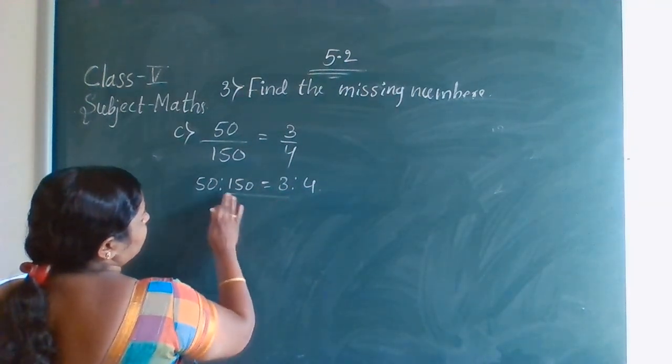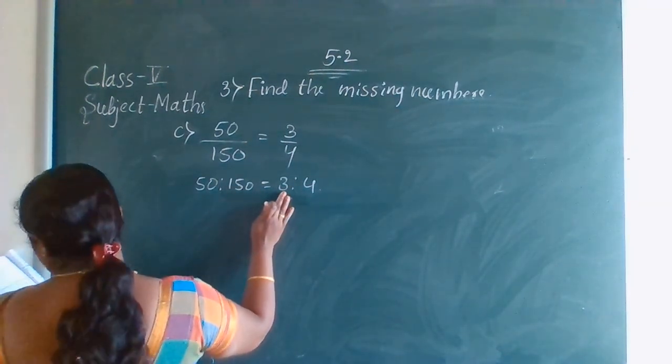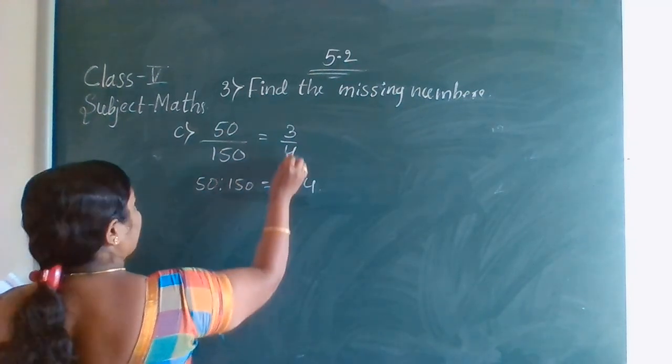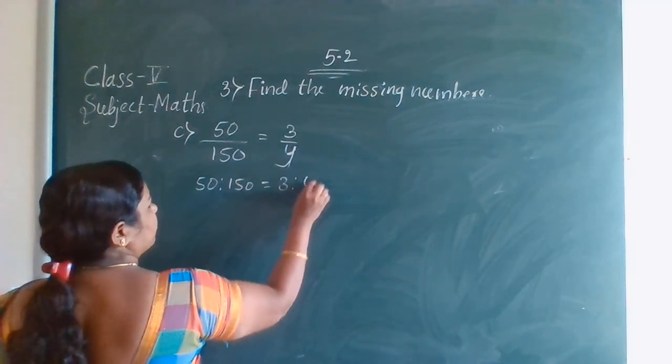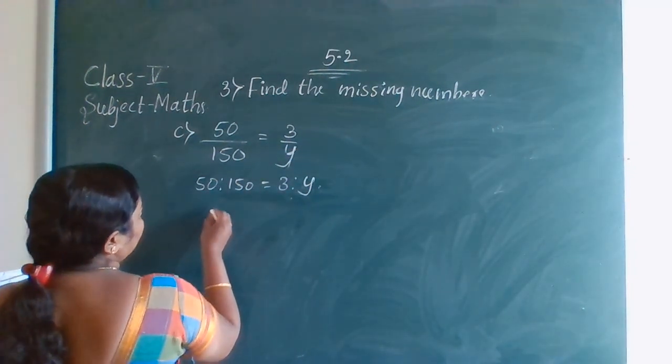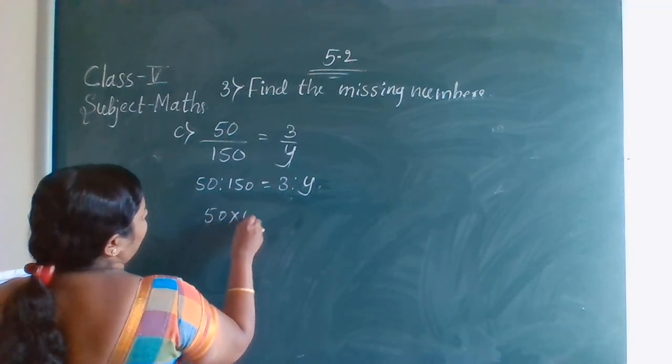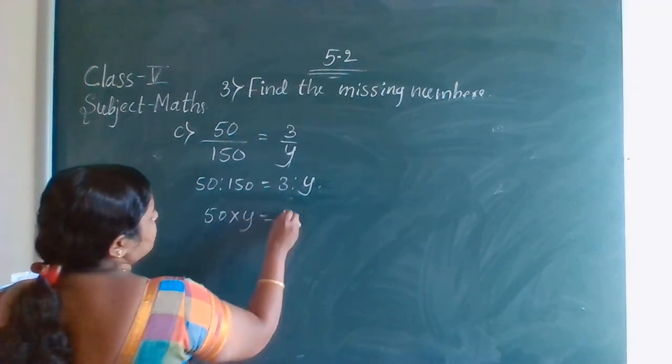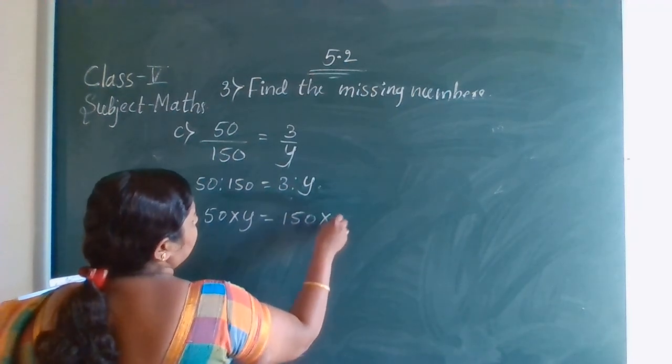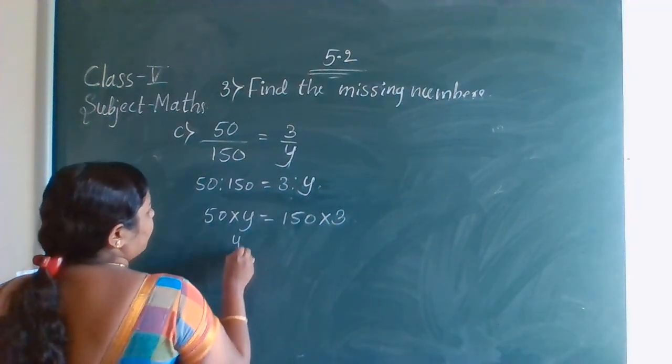Now 50 by 150, this is y. 50 into y, the product of extremes is equal to the product of means. Y we want.